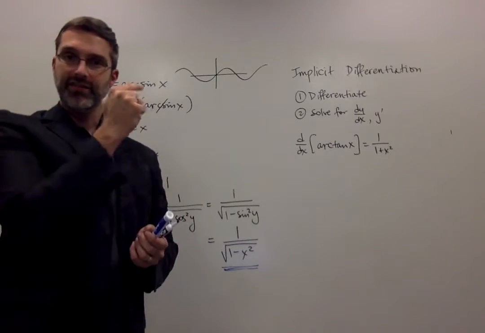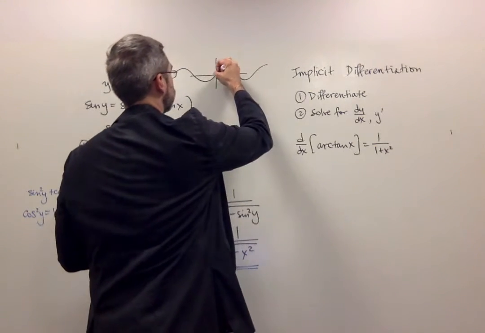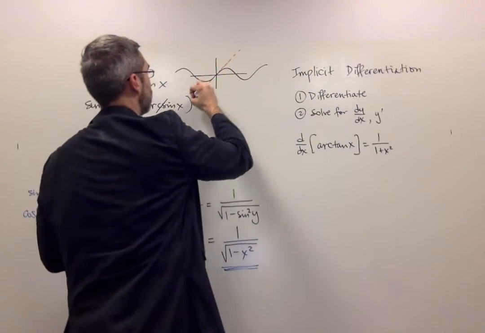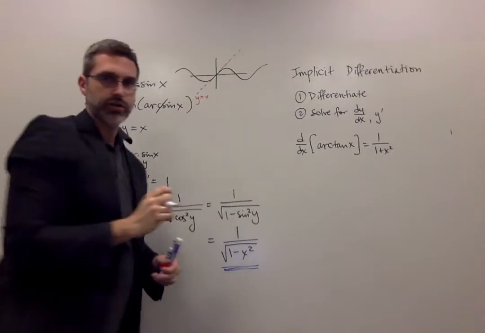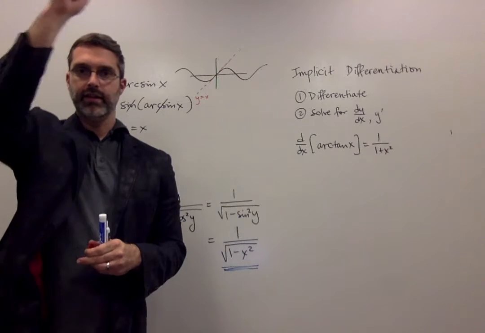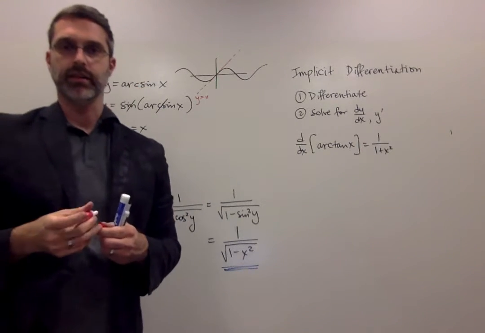Because if you flip this function around the line y equals x, you don't get a function, right? It's going to go like this. So that fails the vertical line test because the other one fails the horizontal line test.